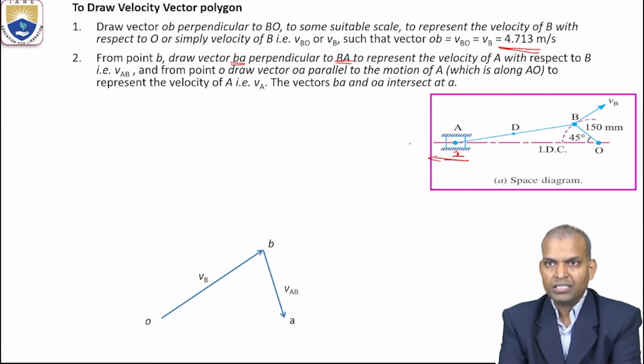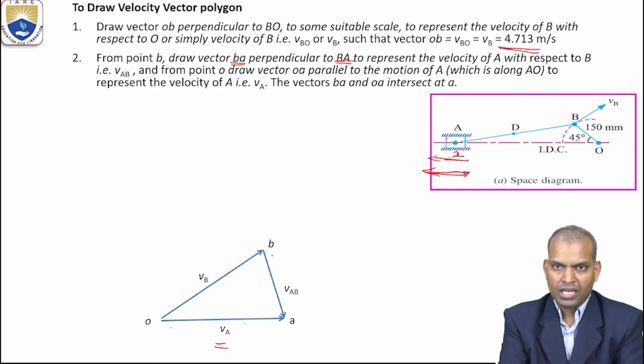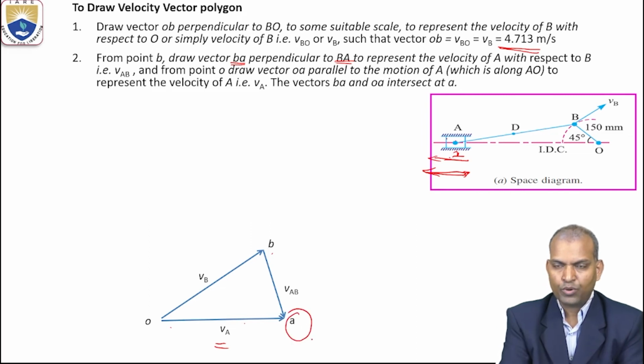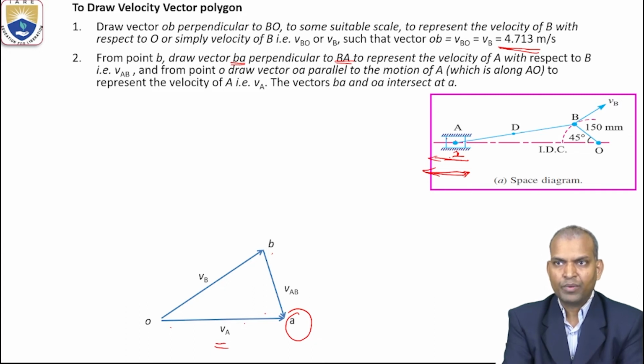And next is the velocity of A with respect to the fixed link. The dotted line is a parallel line because of the translatory, linear motion. Draw a line, that is VA. Then OA and BA intersect at point A. Alright, this is the velocity diagram of OBA.